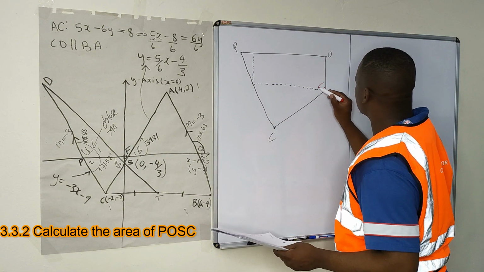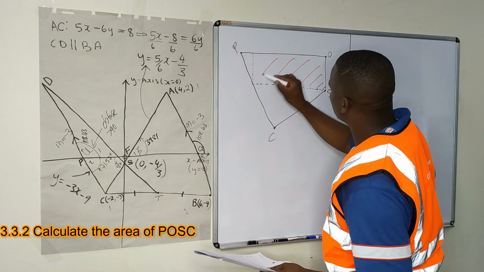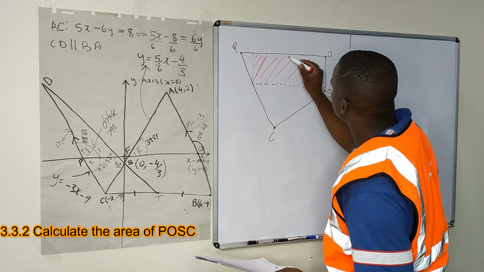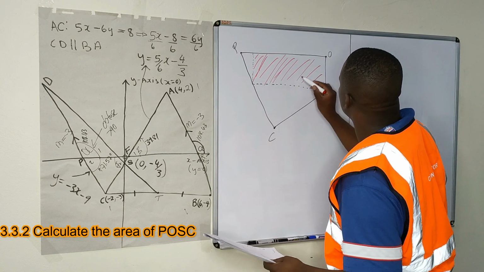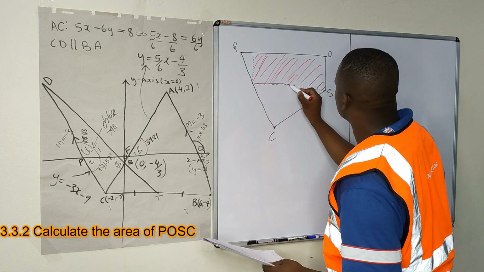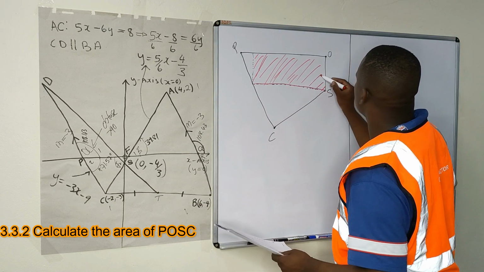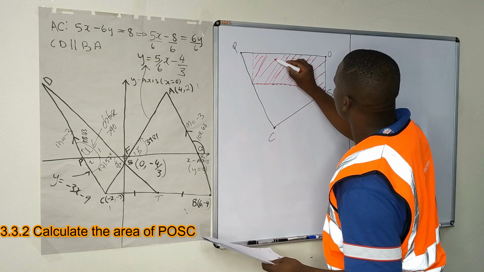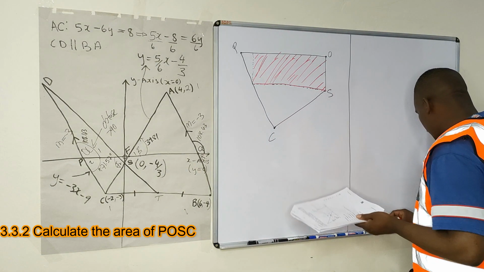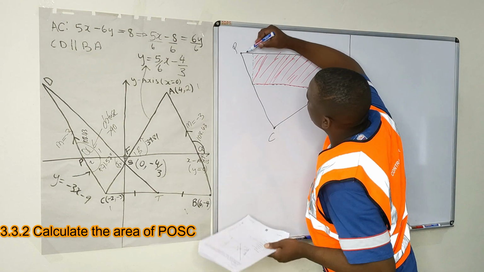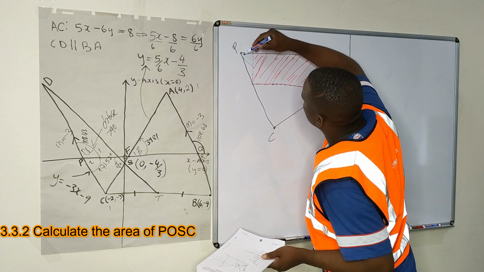So I'm going to look at this rectangle here. What else do you have? You have a right angle triangle here.